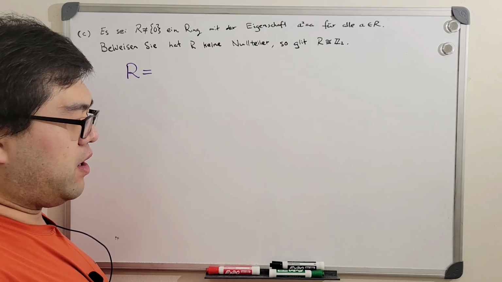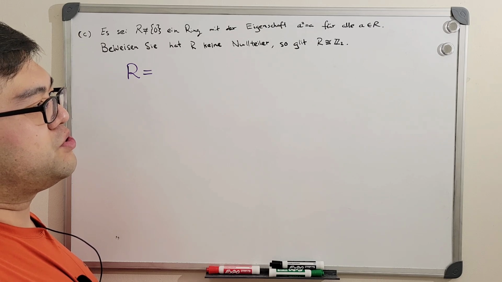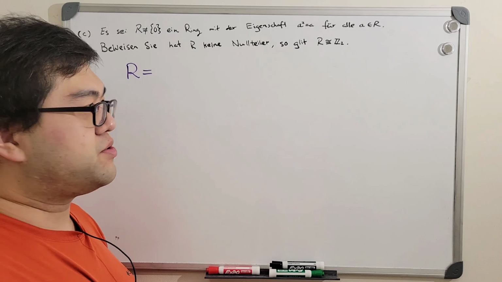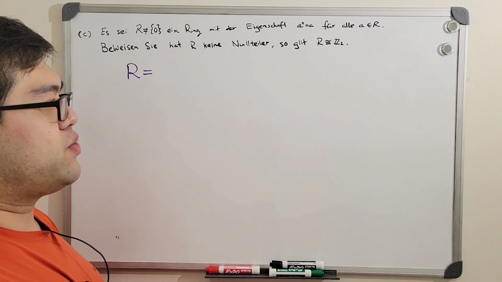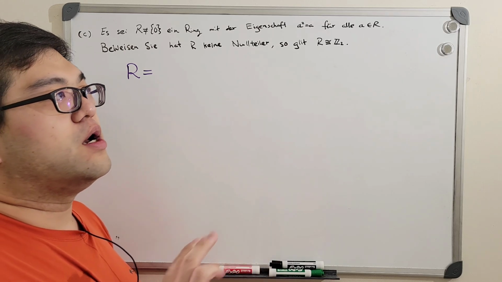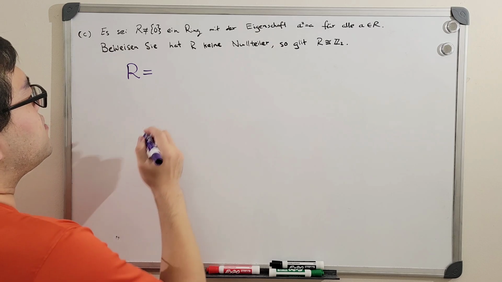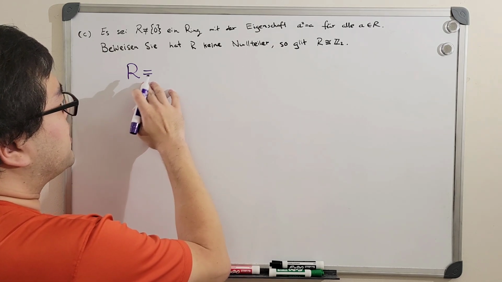We also have the results from part A and part B, which say that 2 times the element is equal to 0, or we can say the element plus itself is equal to 0, as well as having commutativity in multiplication.